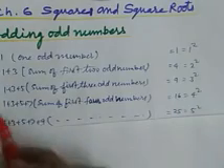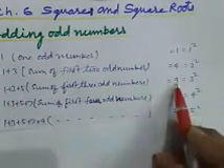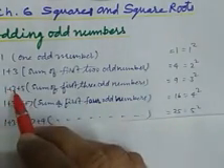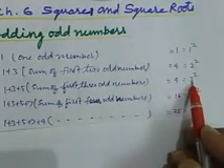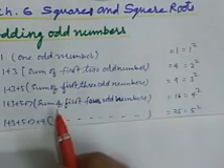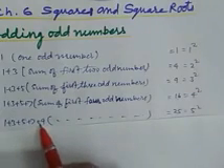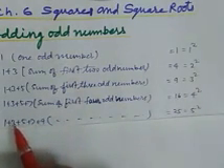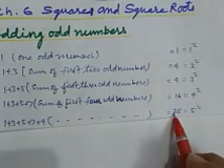But remember, the sum of these odd numbers is also the same. 1 plus 3, 4. 4 plus 5, 9. And here the square of 3 is 9. Means when we add odd numbers, no need to add them, just count them and make the square of the counting.